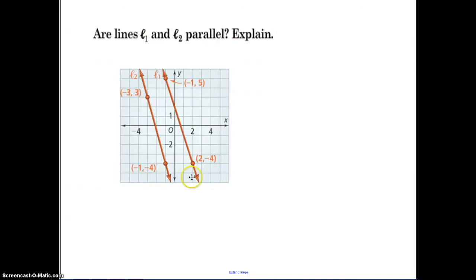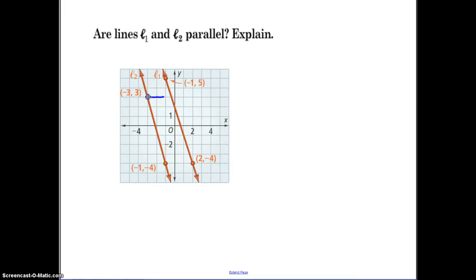So let's work with all of these things and decide, all right, first question, are line 1 and line 2 parallel? And we have to be able to explain this. In order to explain if they're parallel, we need to know their slopes. So I need to know my rise and my run.